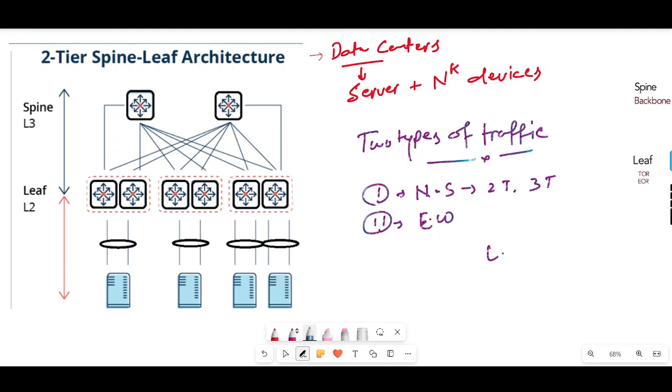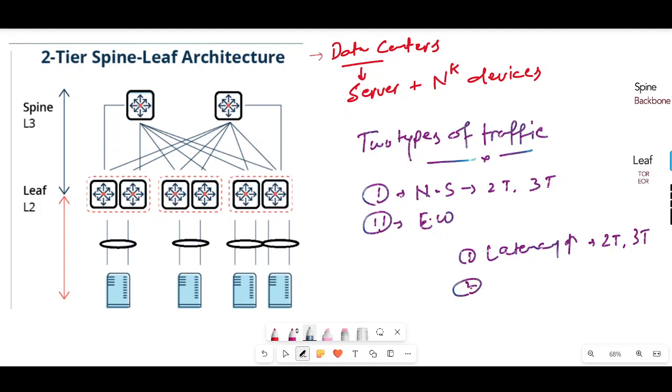So latency will be increased in 2T and 3T. Clear? The first problem, and the reason we use spine leaf architecture, is that latency increases in two-tier and three-tier.